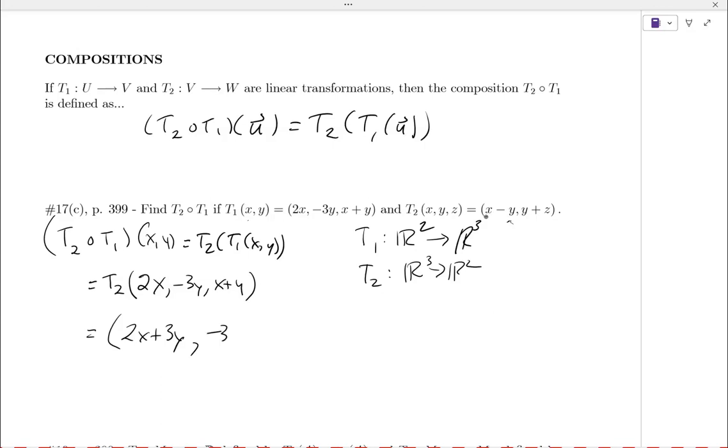Yeah, so you get negative 3y plus the x plus the y, right? That's a y. Sorry, yeah, that's a y. Because this part is going in for the y, this is going in for the z. And we get x minus 2y here.